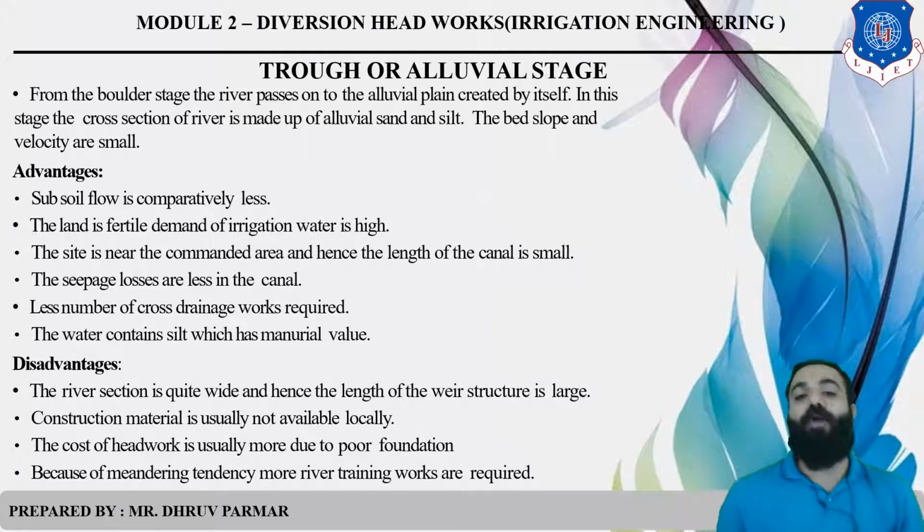The river section is quite wide, so the length of the diversion headwork structure is large, and the construction material is not easily available, so the transportation cost of construction material is high. Clear?